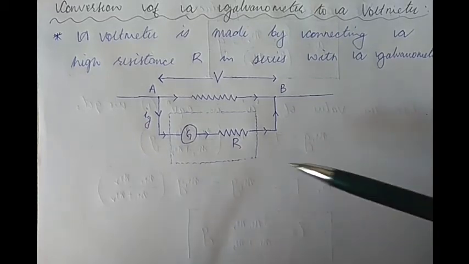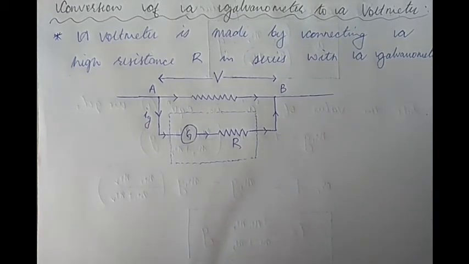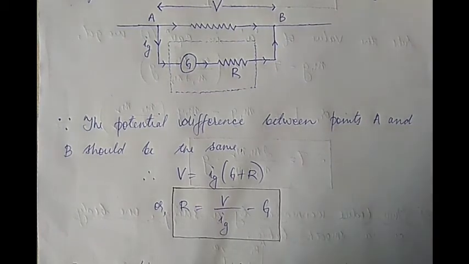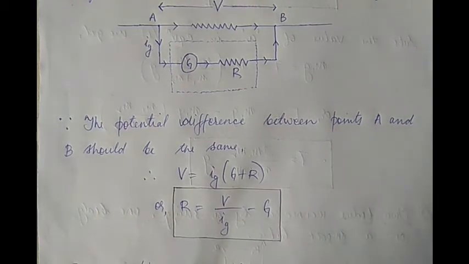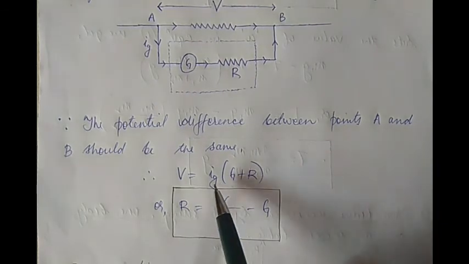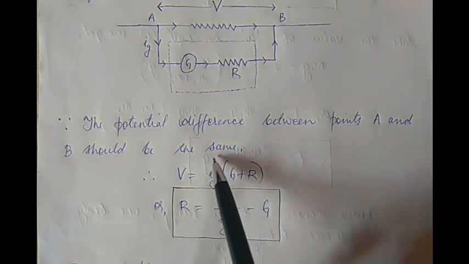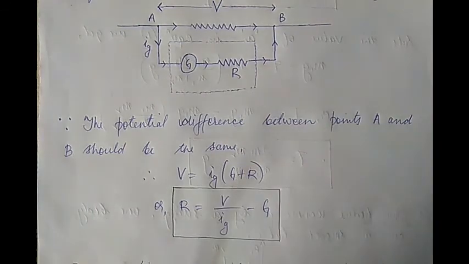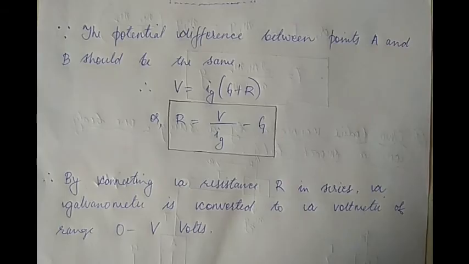Let us now see how to calculate the value of the resistance R. Since the potential difference between the points A and B should be the same, the potential difference V should be equal to the potential difference across the voltmeter. So V is equal to Ig into (G plus R), because this is the potential difference across the voltmeter, and thereby we get R is equal to V upon Ig minus G. Therefore, by connecting a resistance R in series, the galvanometer is converted into a voltmeter of range 0 to V volts.